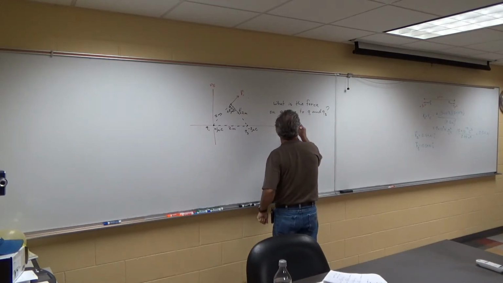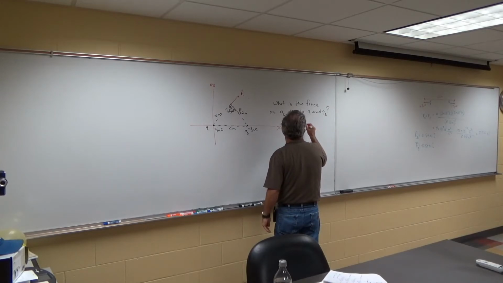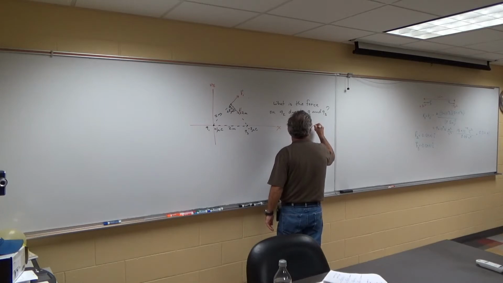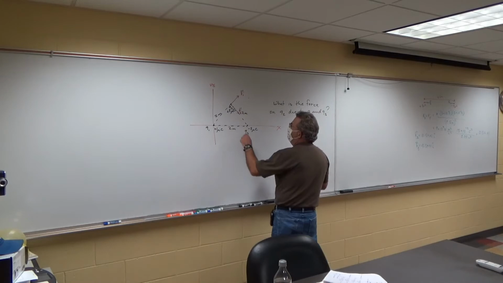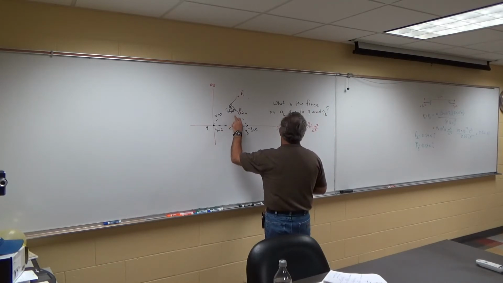So F1 magnitude equals, I'm just going to put the numbers in, 9 times 10 to the 9 Newton meters squared per Coulomb squared. Then I have a 1 and a 2.